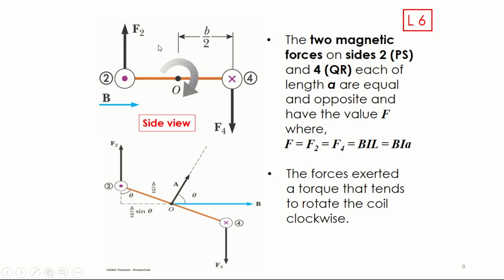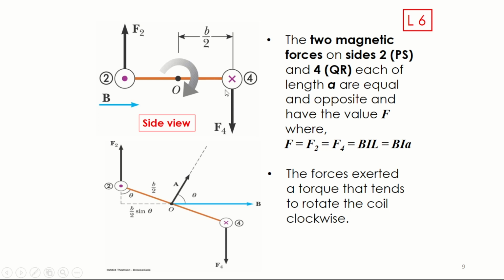Here is the side view diagram. The dot here is the direction of current out of the page, and the cross here means the direction of current into the page. The direction of F2 is upward and the direction of F4 is downward.